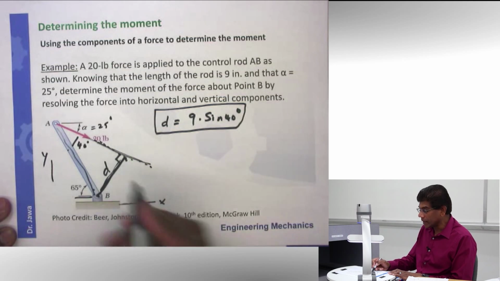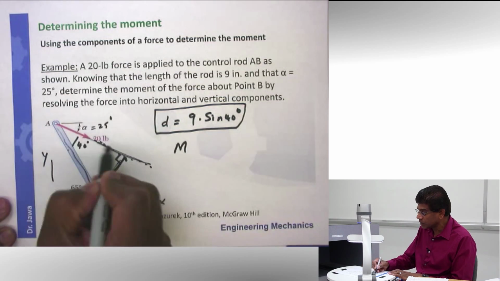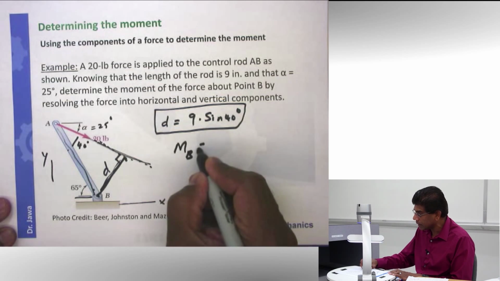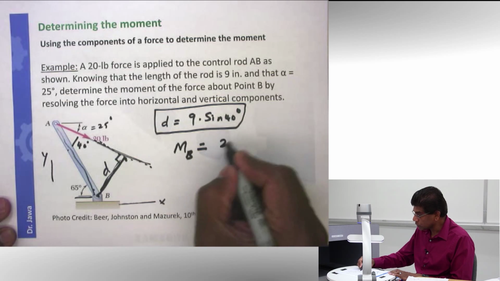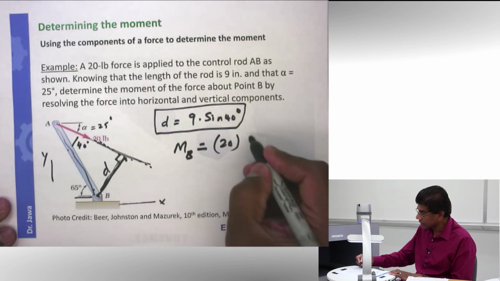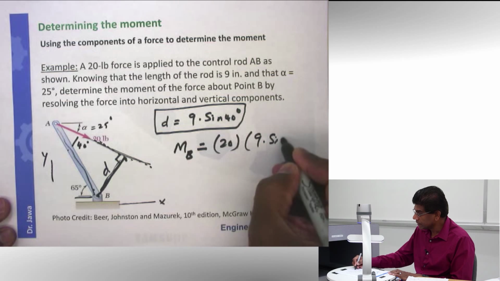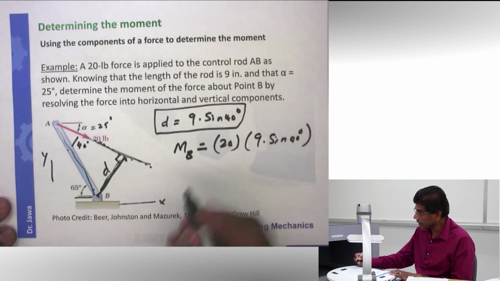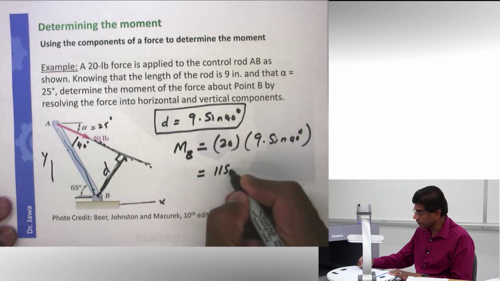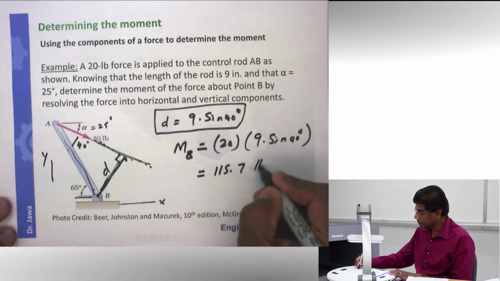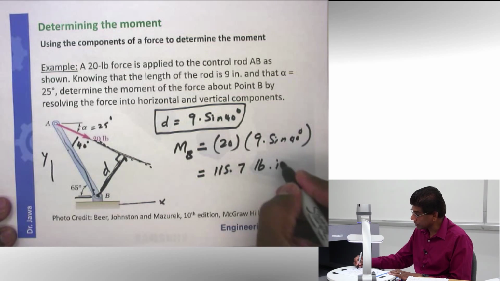Once I calculate the perpendicular distance, the moment of this force about point B is going to be equal to the force, which is 20 pounds in this particular case, times the perpendicular distance. All right? And if you did that, you will get an answer of 115.7 pound inches.